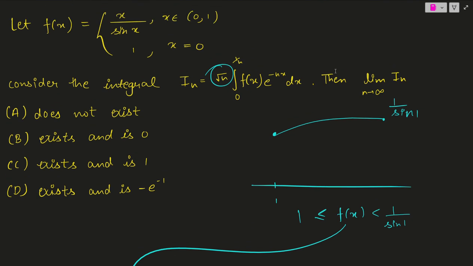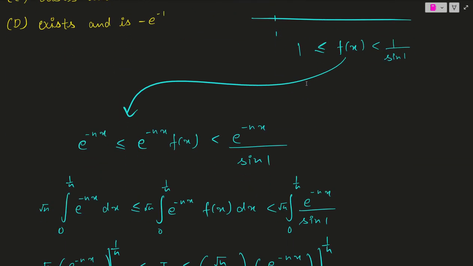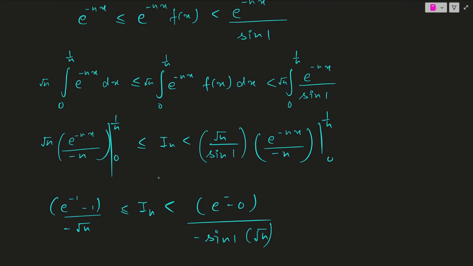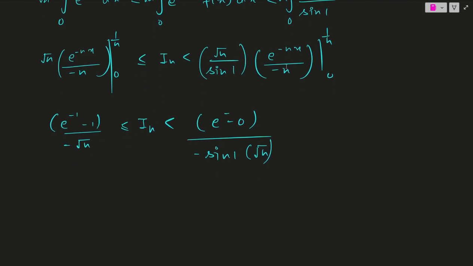Now the question asks us to find the limit as n tends to infinity of the integral. So to find this, we have to put the limit in the whole inequality.